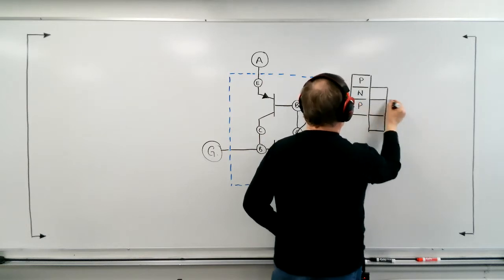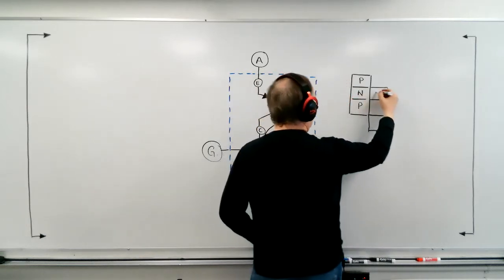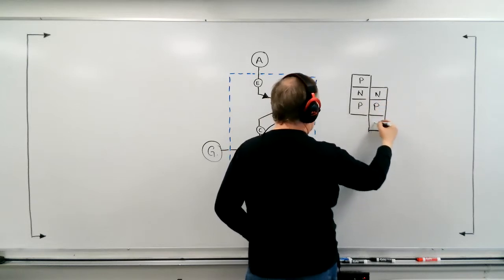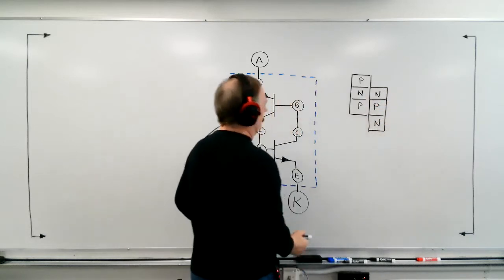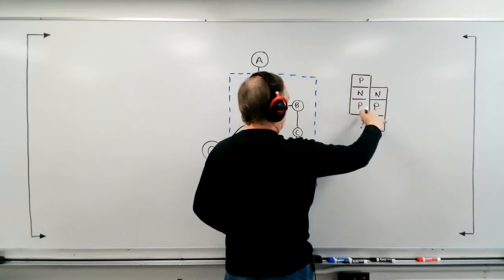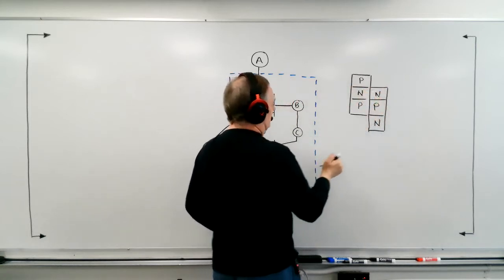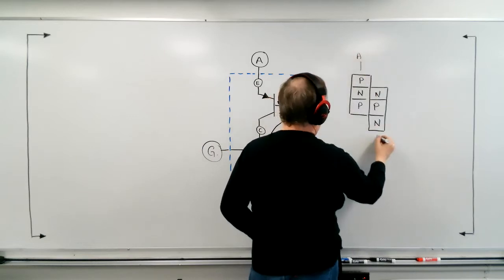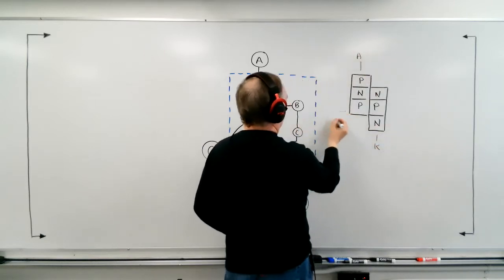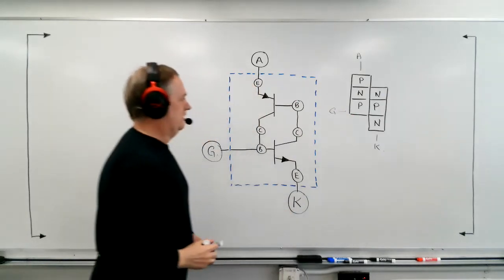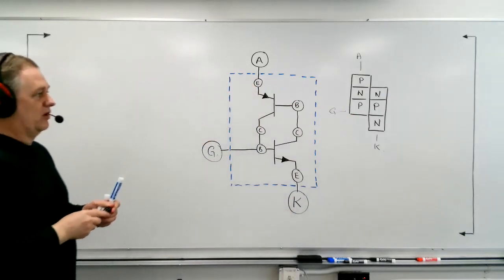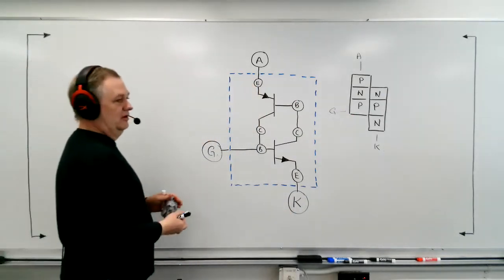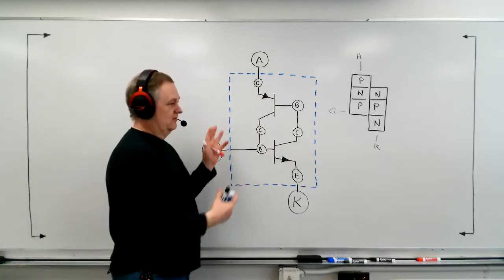This one, its layers match up. So this is N, this is P, and then this layer is the N layer. So you can see that we've taken two transistors and joined them together. And that's what's going on here. This is the anode, this is the cathode, and over here would be the gate. So this is essentially what we're combining: two transistor components fused together into one component.